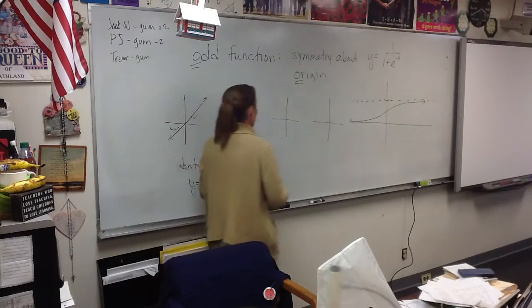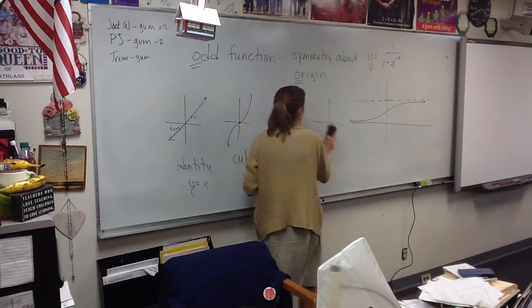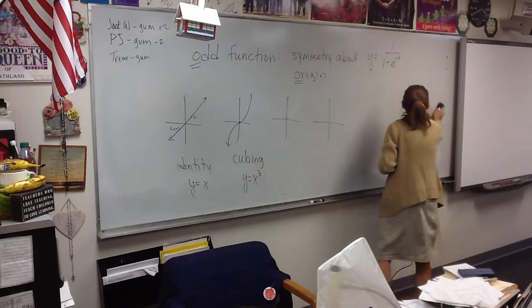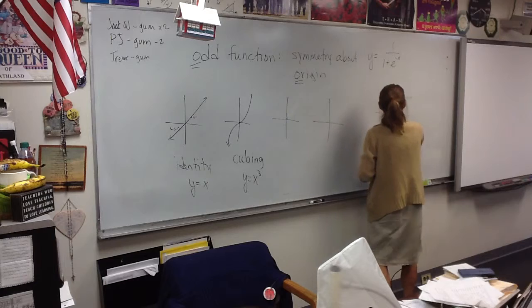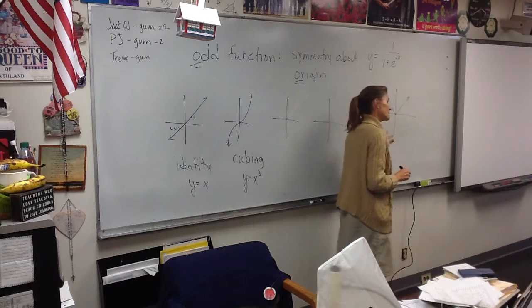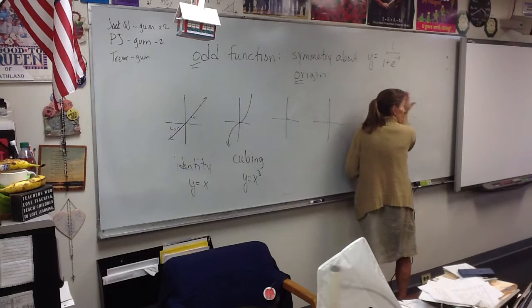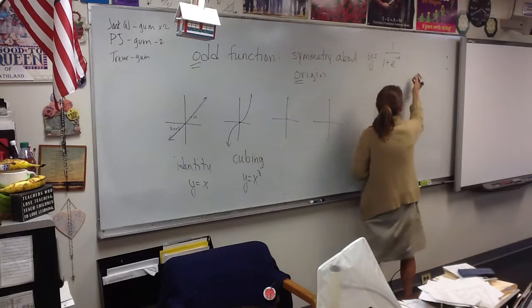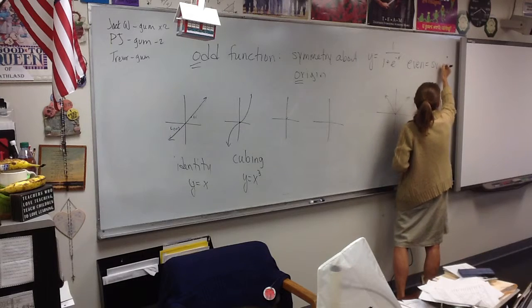Okay, now be careful about the absolute value. Let me draw the absolute value here. It does not have symmetry across the origin. It has symmetry across the y-axis, and when you have symmetry about the y-axis, you are called even.